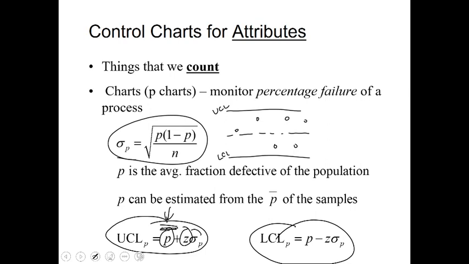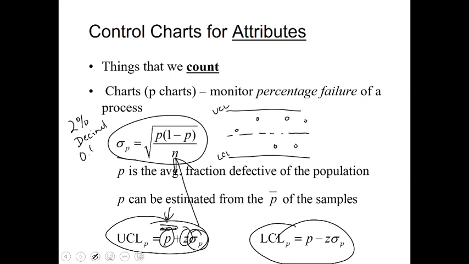And then this is a standard deviation, and this is where it gets really important. We have to make this adjustment in order to calculate the standard deviation of the process. So if our percent failure of the process either is given or we estimate it based on many samples and we say it's 2%, you have to transform that to a decimal.